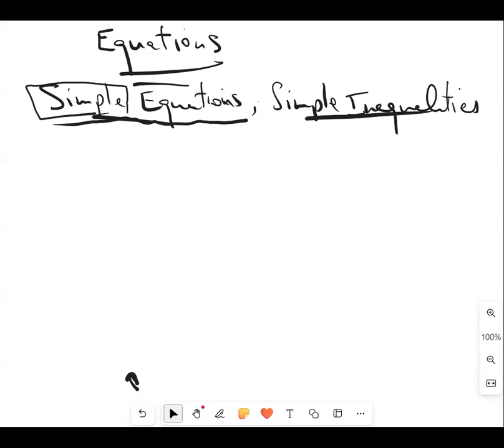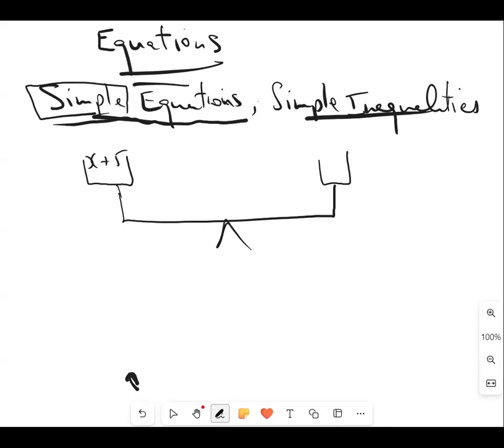And one of the things about equations, before I get into them, is you want to think of equations like a scale. So if you have over here x plus 5, and that is equal to, because it's a scale, let's say you have -3.